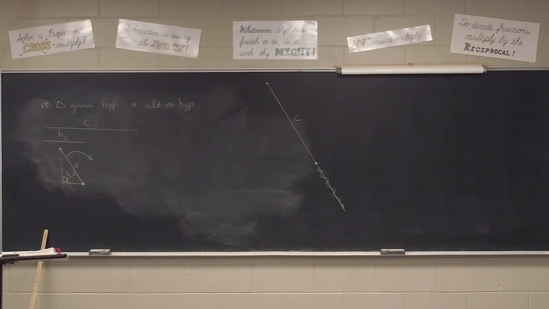Here's the problem. I don't know where the altitude goes. It is not the perpendicular bisector. If this were an isosceles triangle, it would be the perpendicular bisector. I just know the altitude is perpendicular. I don't know where.